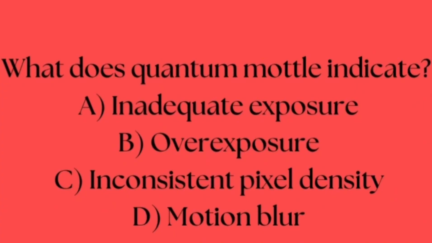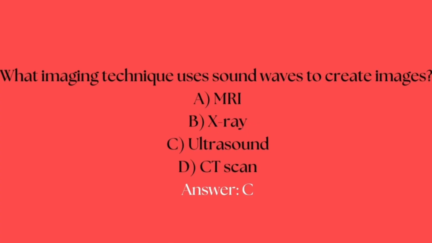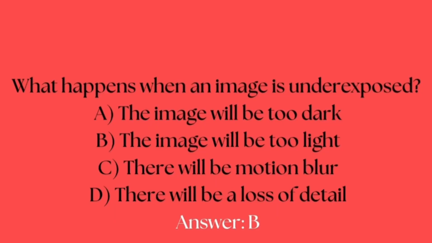Question 6 says, what does quantum mottle indicate? If you answered B, you are correct. Which imaging technique uses sound waves to create images? If you answered C, ultrasound, you are correct. Question 8 says, what happens if an image is underexposed?